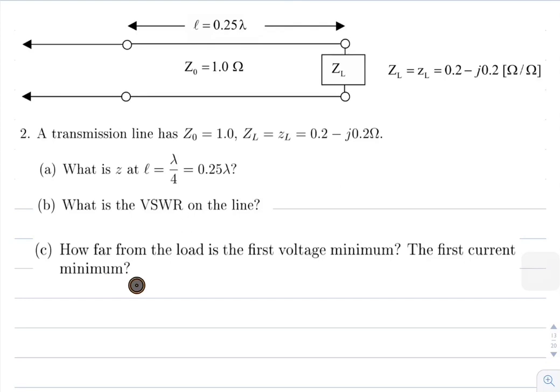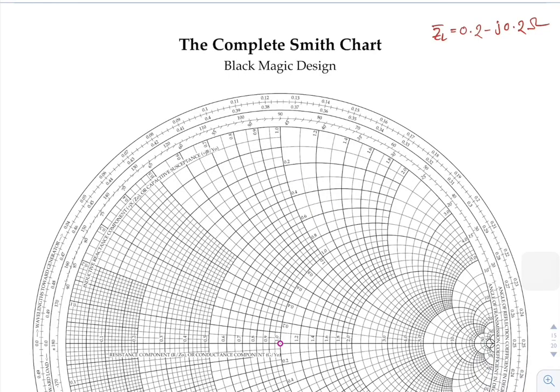Since it is given the characteristic impedance is 1, there is no need for us to normalize the load impedance. You can directly take load impedance and normalized load impedance as same value. Therefore, ZL equal to ZL bar equal to 0.2 minus j times 0.2. Therefore, normalized resistance R equal to 0.2 and normalized reactance X equal to minus 0.2.